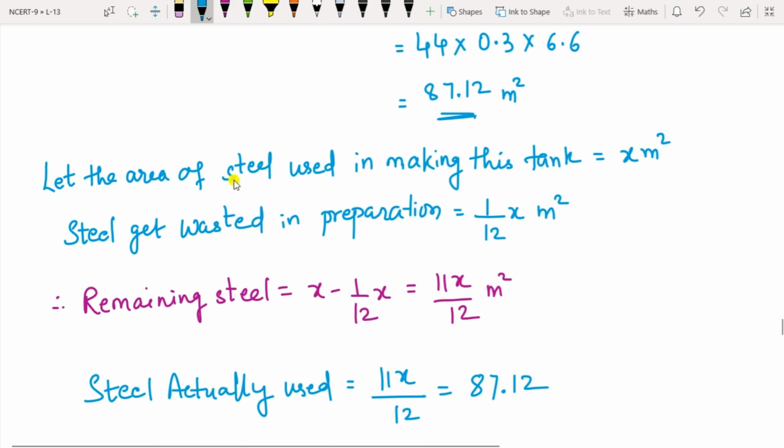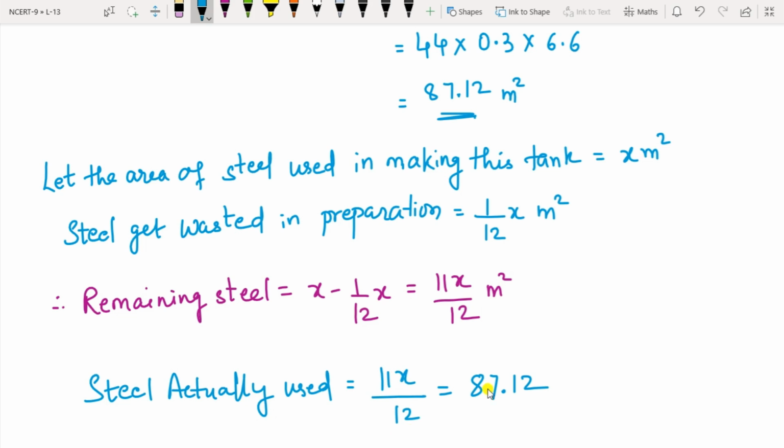Now let the area of the steel used in making this tank be x meter square, and the steel wasted in the preparation is 1/12 of the total, that is 1/12 x meter square. So the remaining steel is total minus this one. So x minus 1/12 x, that is 11x/12 meter square. So this is the steel actually used here, that is the total surface area.